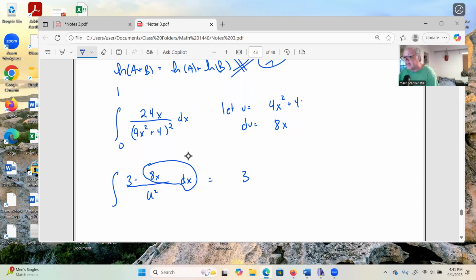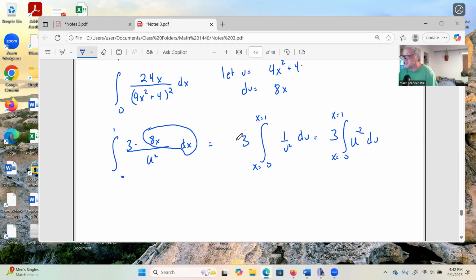So this is 3 times the integral, okay, of 1 over u squared du, or 3 times integral, 0 to 1, of u to the negative 2 du. Now you have to remember, my limits are for x, okay? My integral is now in terms of u. So one thing I could do is say, well, remember that u equals 4x squared plus 4.